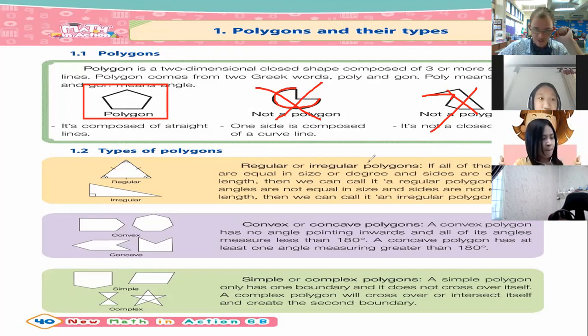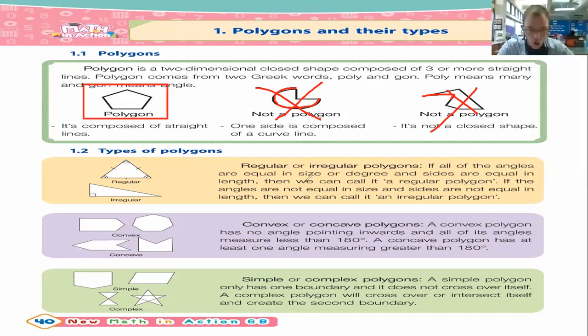And there we have the explanation they give us, the regular polygons versus the irregular ones. All sides are equal for regular polygons. So an equilateral triangle is a regular polygon, and a right angle triangle, or right triangle, is an irregular polygon.